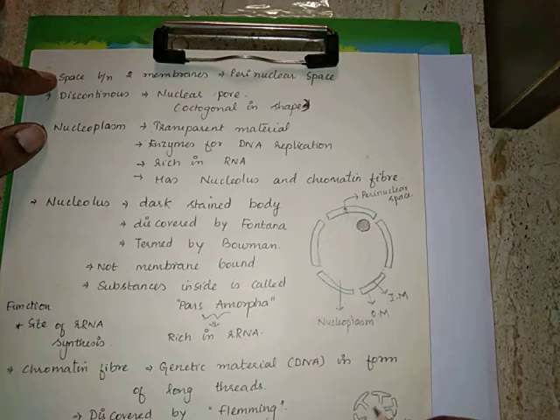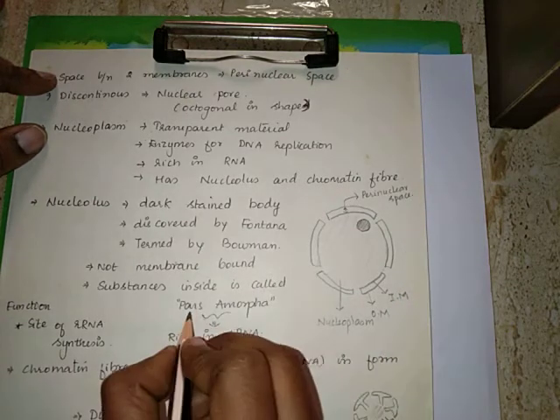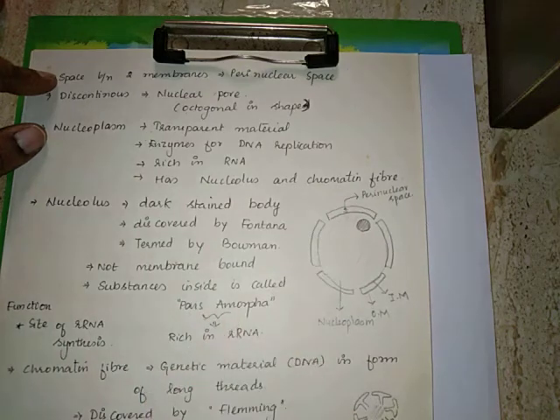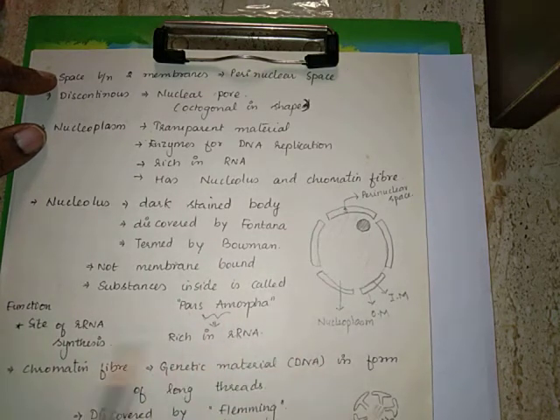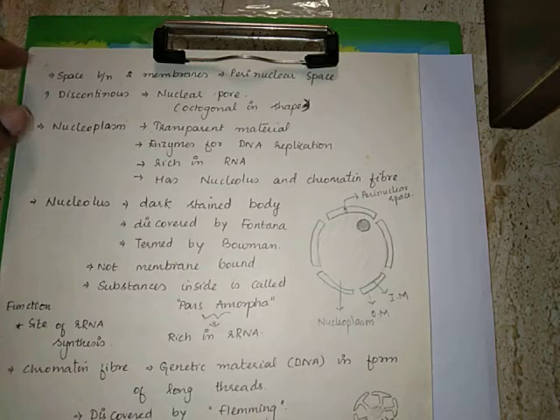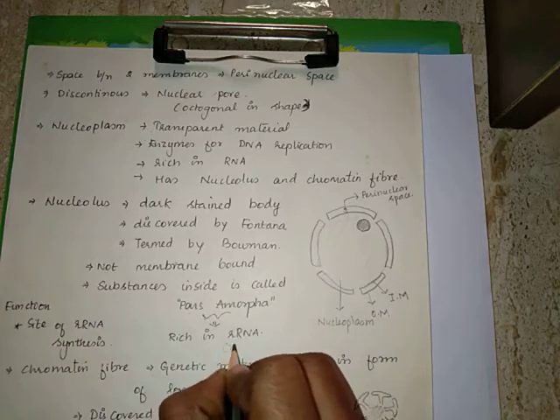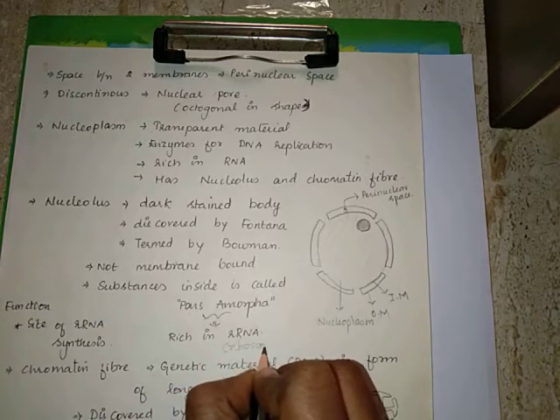And all substances what are present here within nucleoli will be called as pars amorpha. So what is in this pars amorpha is rRNA, because it is the site of rRNA synthesis. So it is going to be rich in enzymes and other substances that are required for rRNA synthesis, and they would also have the rRNA, that is the ribosomal RNA formed inside.